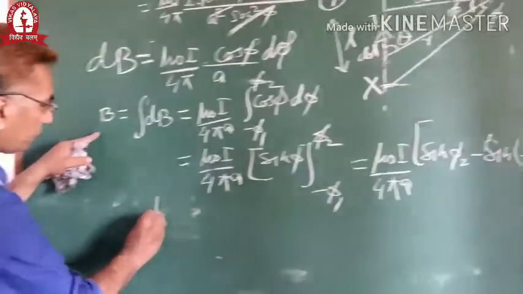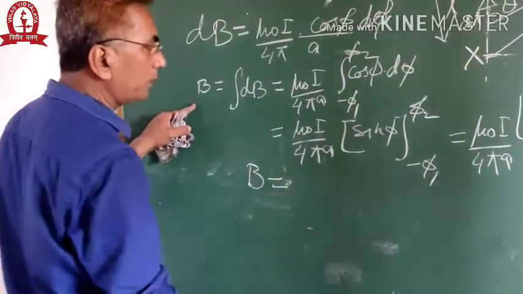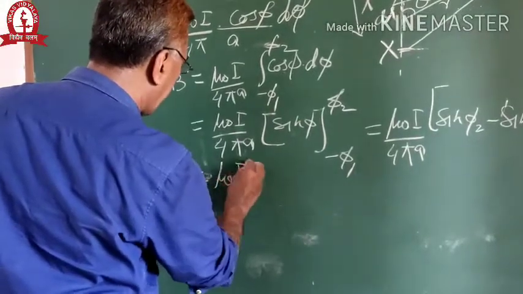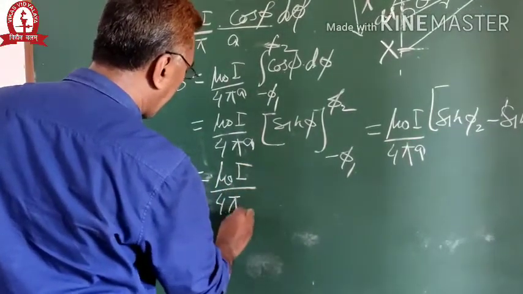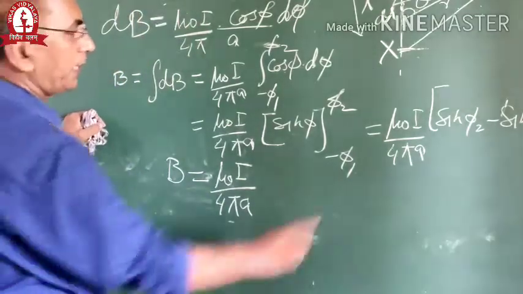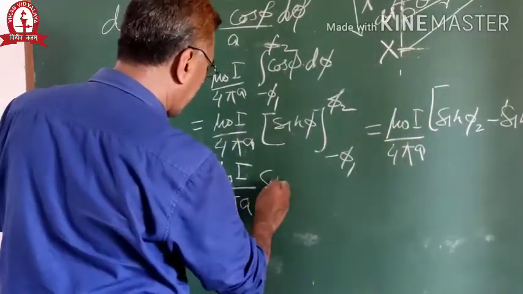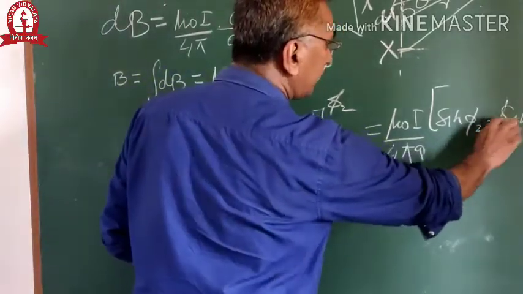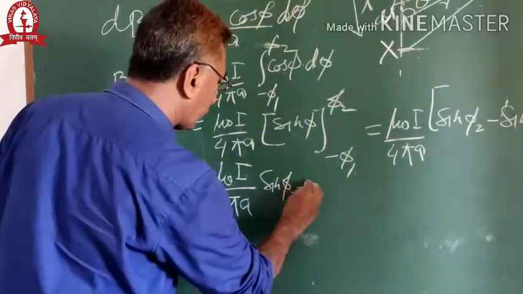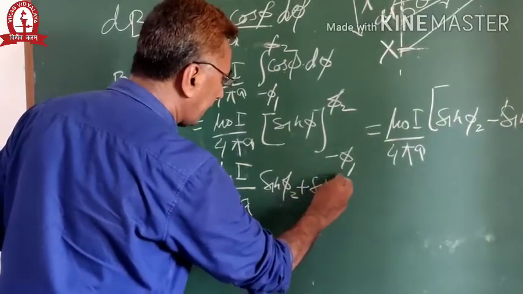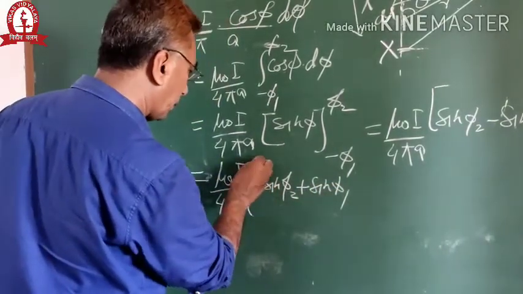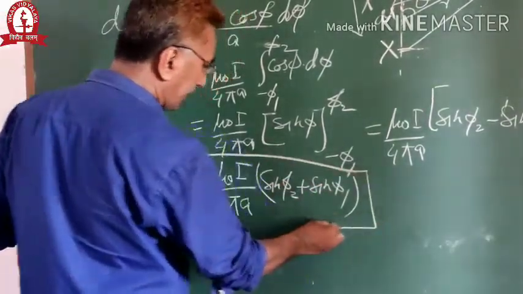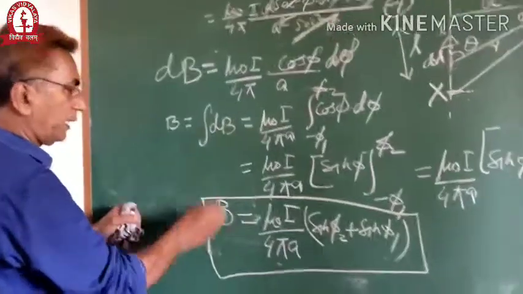So B is equal to mu naught I upon 4 pi a into sin phi 2, and since sine of minus theta is equal to minus sine theta, this becomes plus, so plus sine phi 1. This is all about the result for the calculation of the magnetic field due to a straight wire current carrying conductor.